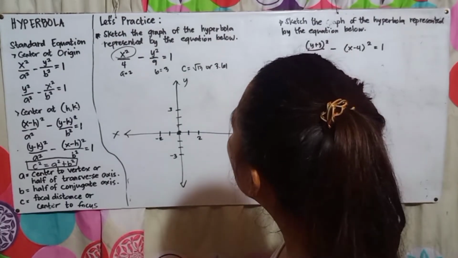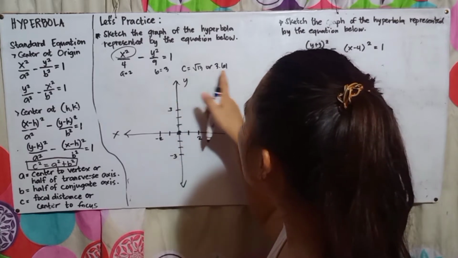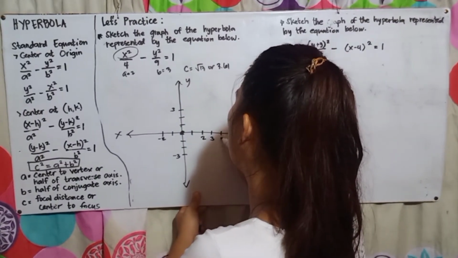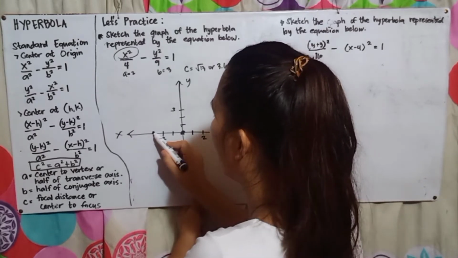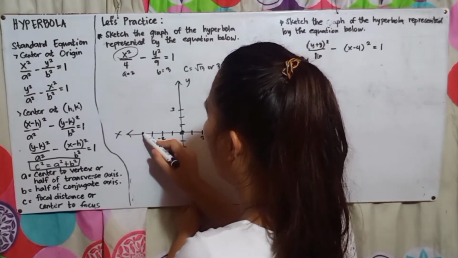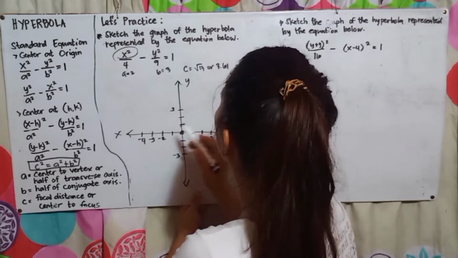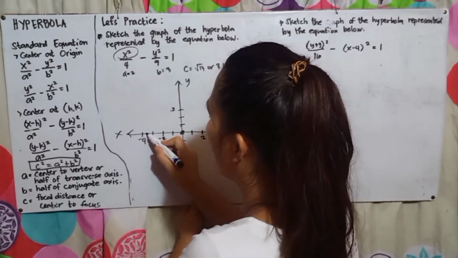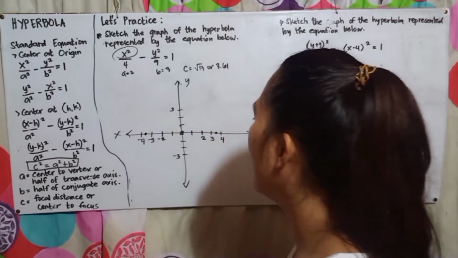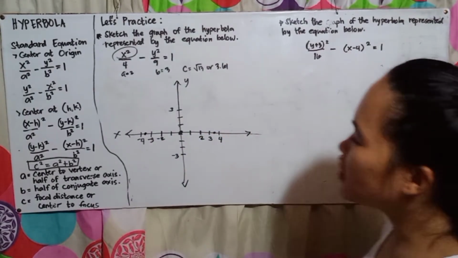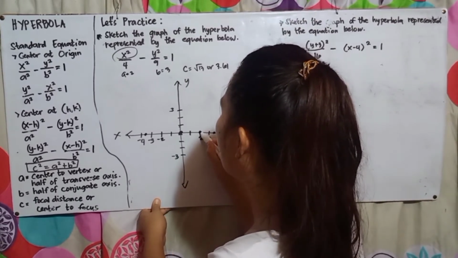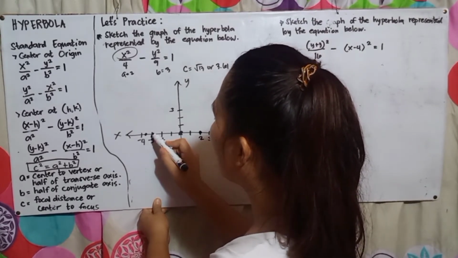Then, our C is 3.61. So, dari ang 3, dari ang 4. So, 3.61, possible dara. Yan. Ang distance is 3.61. So, ito yung vertex natin.